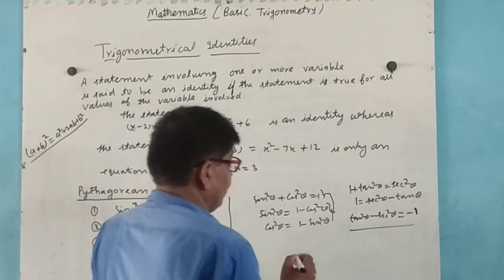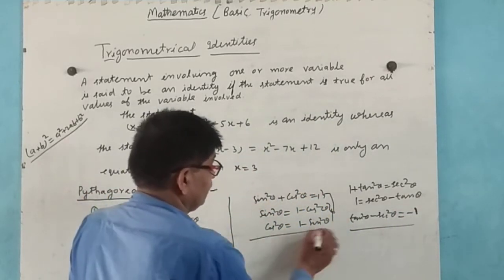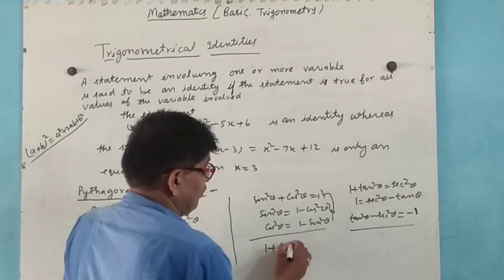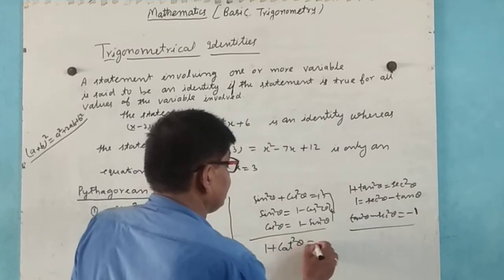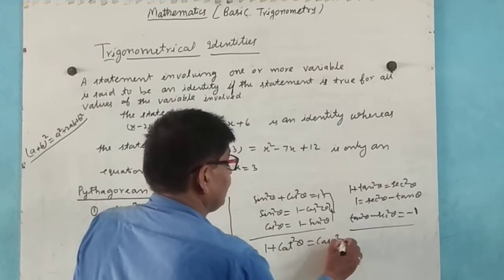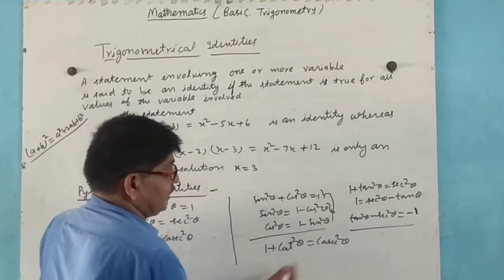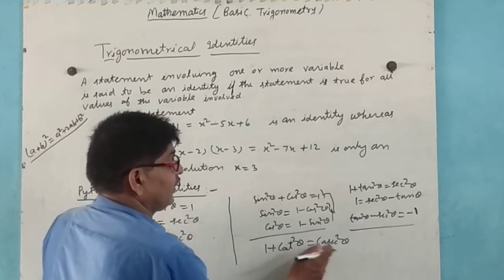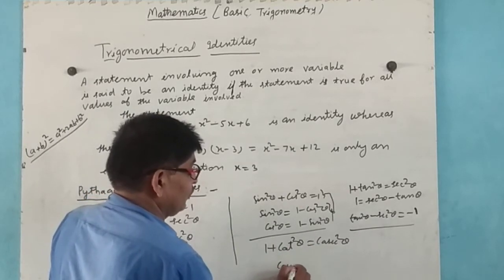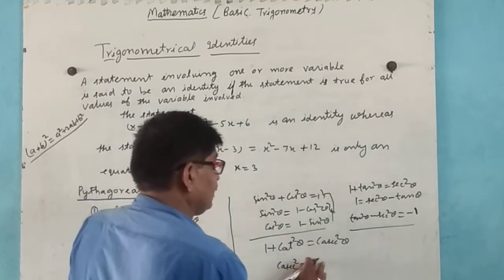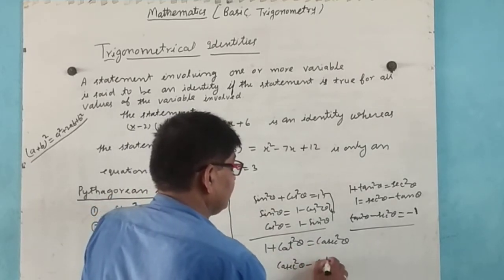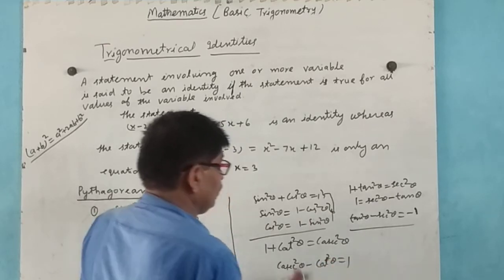Similarly, 1 plus cot square theta equal to cosec square theta. Changing this side, cosec square theta minus cot square theta equal to 1.